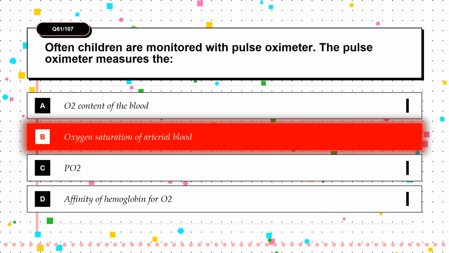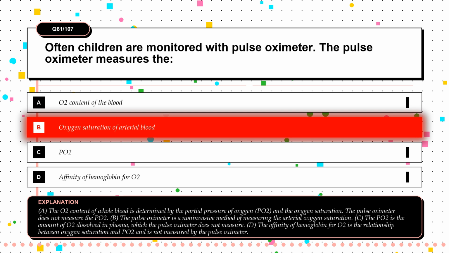The correct answer is option B. Oxygen saturation of arterial blood. A. The O2 content of whole blood is determined by the partial pressure of oxygen (PO2) and the oxygen saturation. The pulse oximeter does not measure the PO2. B. The pulse oximeter is a non-invasive method of measuring the arterial oxygen saturation.